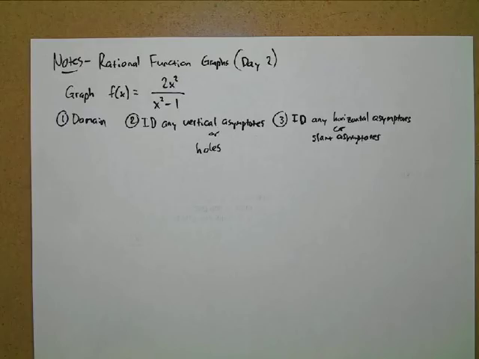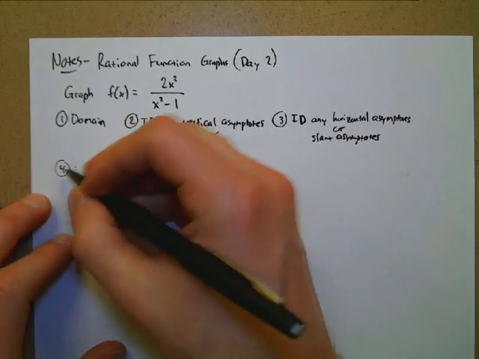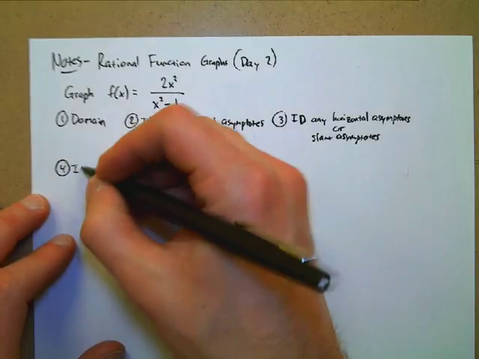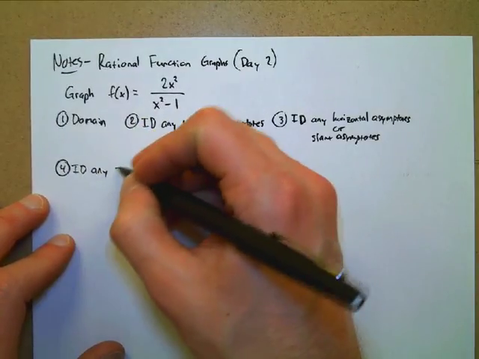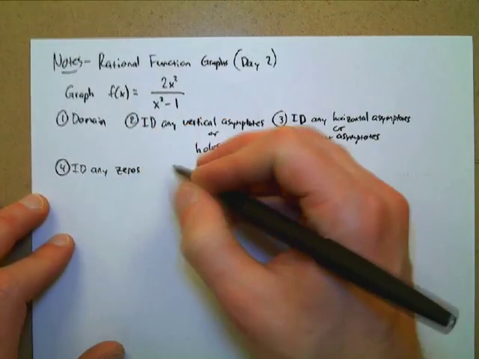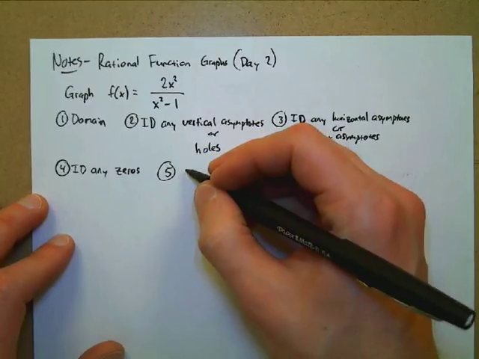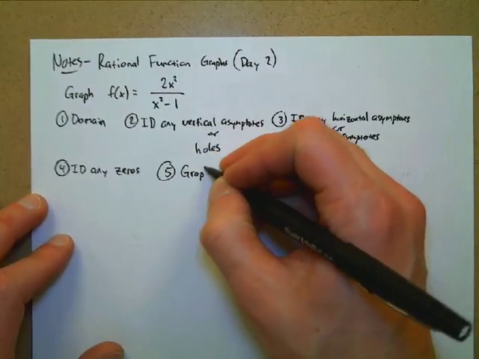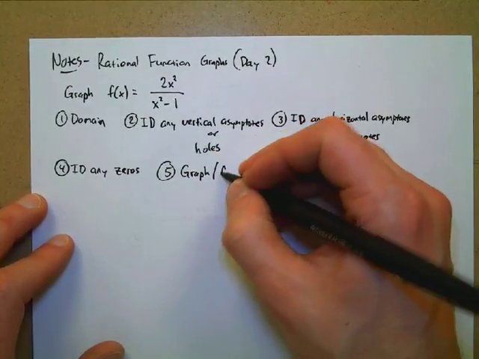And then we'll identify any zeros. And then graph and find more points if necessary.